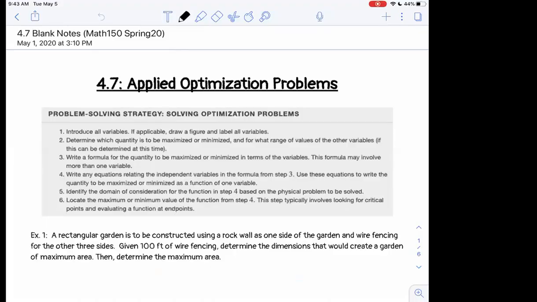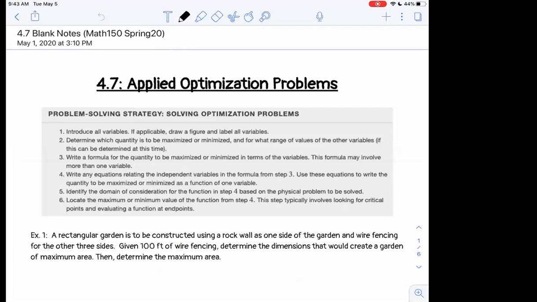All right, so 4.7 is called applied optimization problems. Now, your textbook gives you a list of steps that you can take to help with the problem solving.